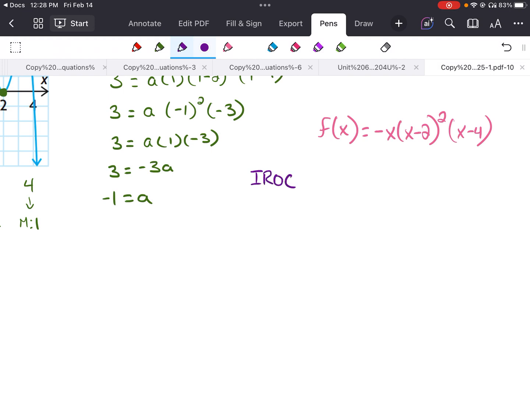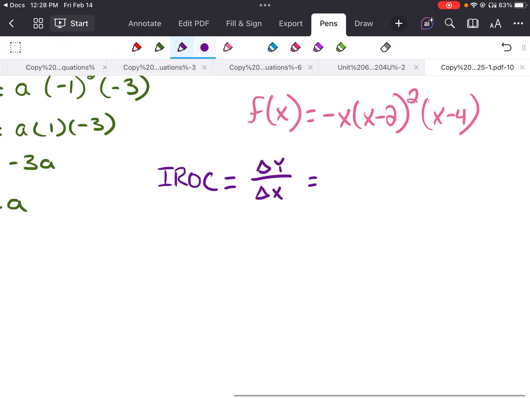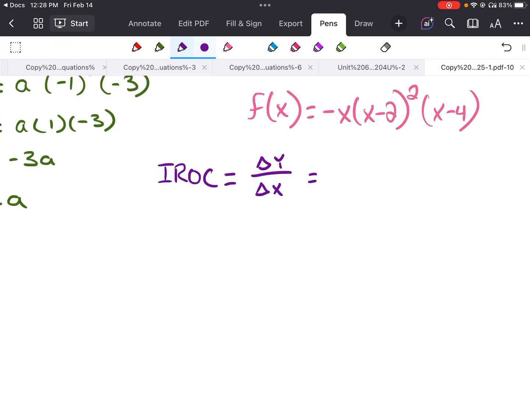Okay, and we know that IROC, so it's asking us for instantaneous rate of change, is delta y, the change in y, divided by the change in x. And we have to use the h value. Remember that very small increment that we add to the x value that we're looking for the IROC.